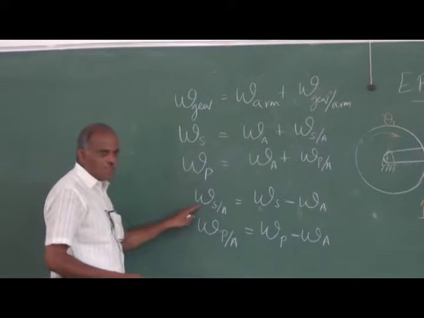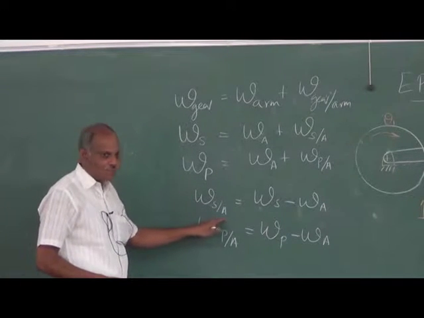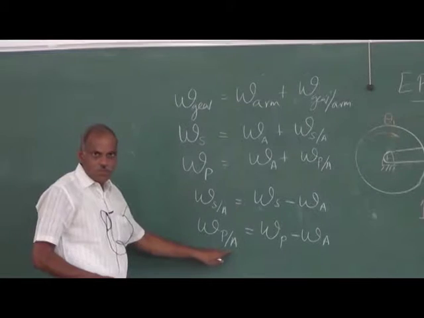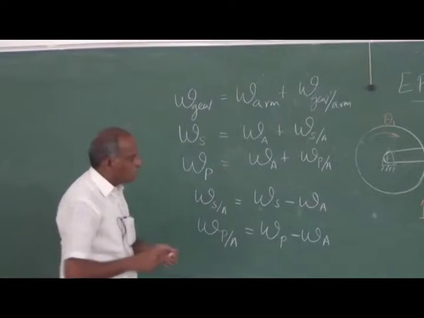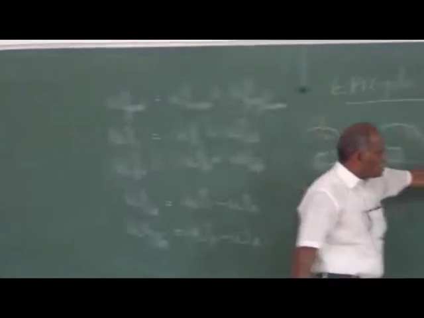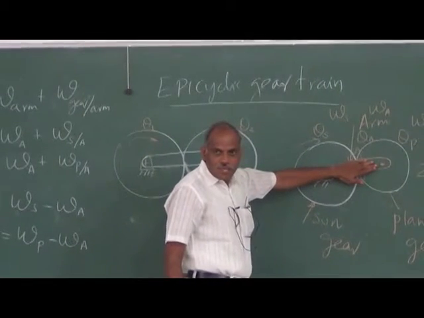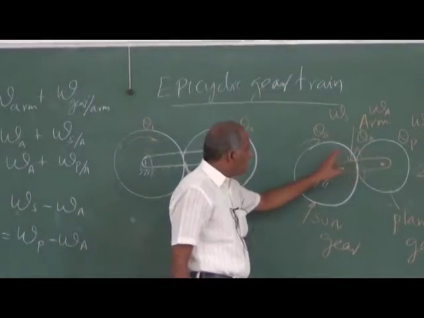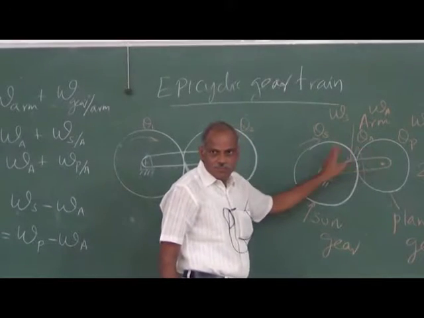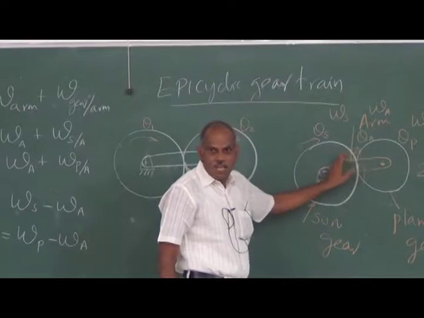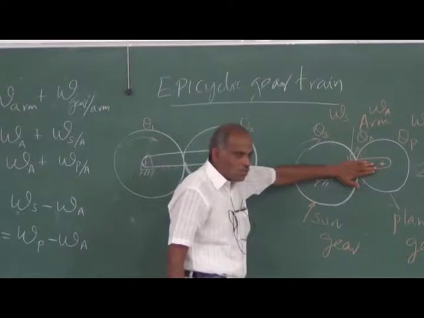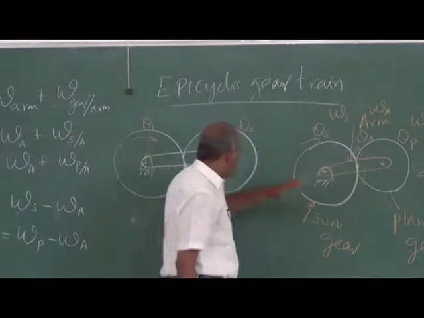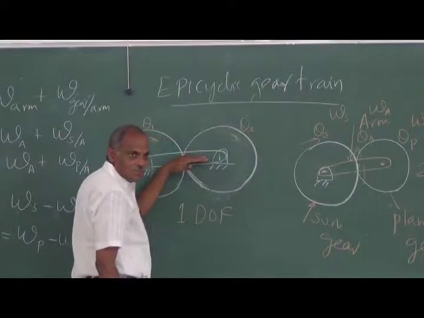Now the angular velocity of the sun with respect to the arm and of the planet with respect to the arm is all the velocity of the gears with respect to the arm. If we take the ratio, then that is decided by the diameter of the gears or the number of teeth in the gears, because with respect to the arm you look at it, that is similar to this.